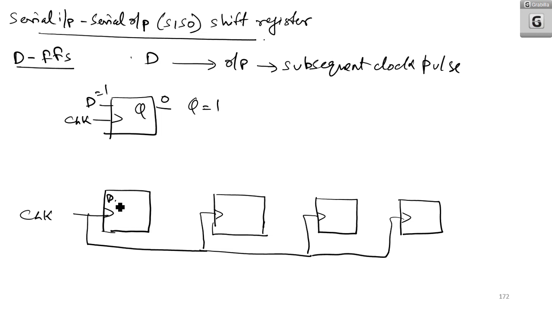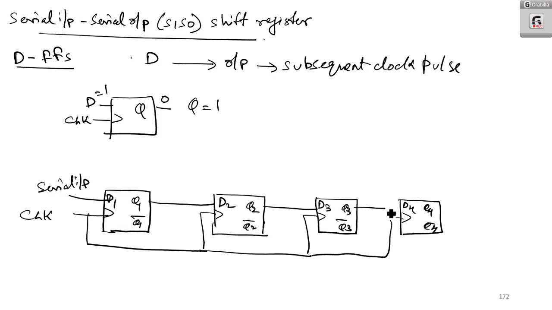So let these be D1, Q1, Q1 bar, D2, Q2, Q2 bar, D3, Q3, Q3 bar, D4, Q4, Q4 bar. Whatever is coming in is the serial input, and the output of the first flip-flop is given as input to the next flip-flop, likewise.